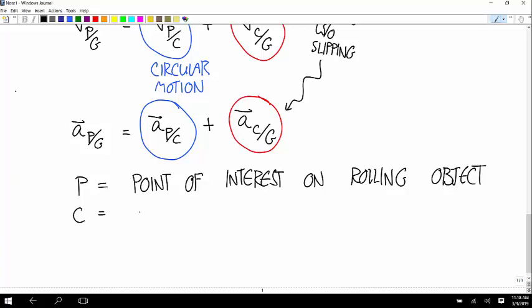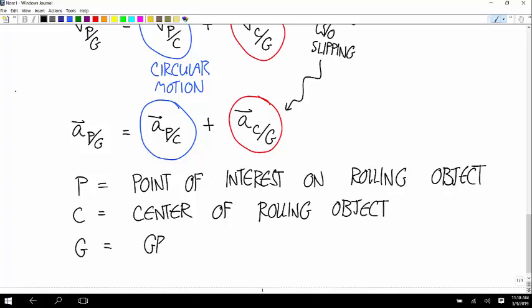C is the center of the rolling object. And G is the ground.